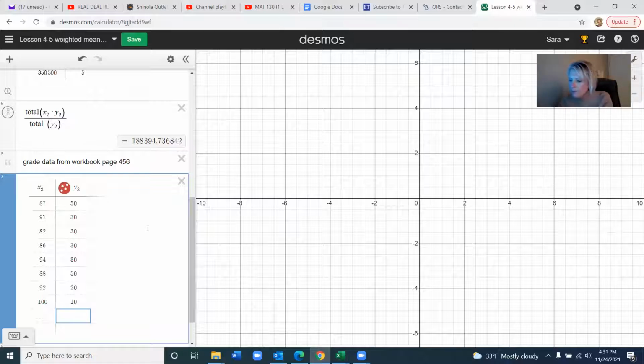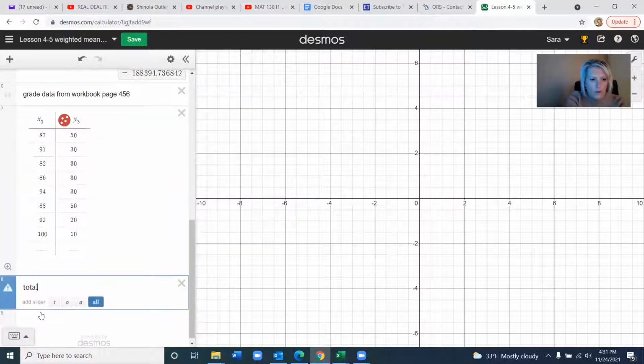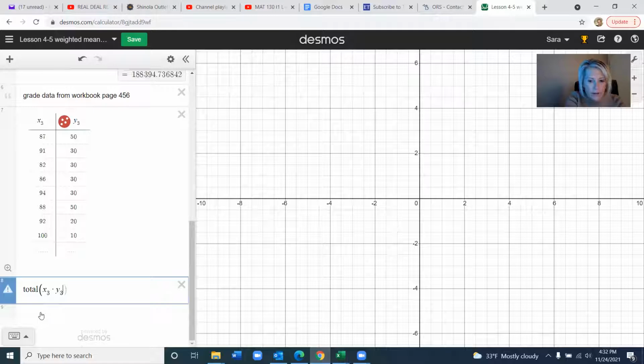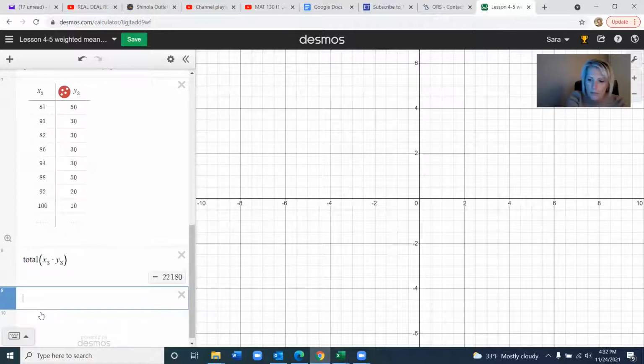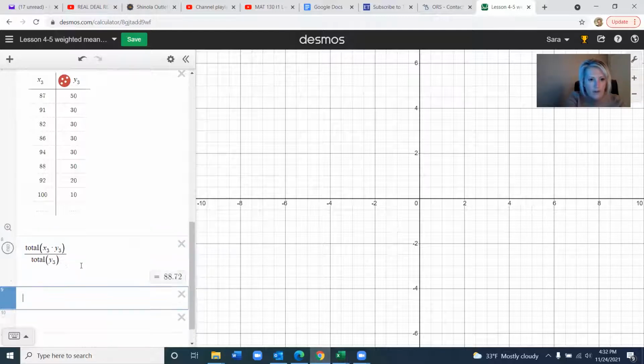Number 3 on page 456 says, use the results of the school example 2 and the mean for group data to find Tong's average for the course. So that's what we're going to do. We're going to say total of x3 times y3, divided by the total of y3.